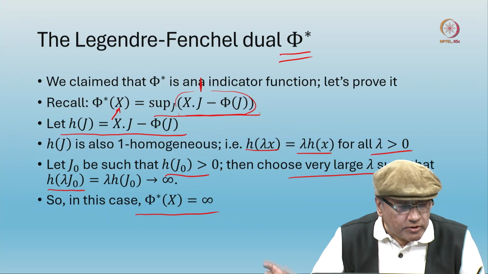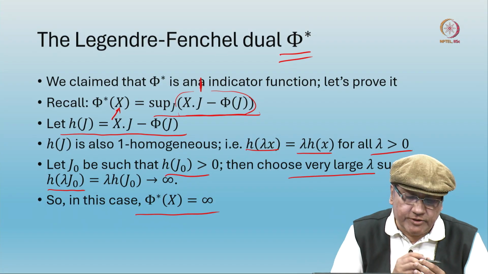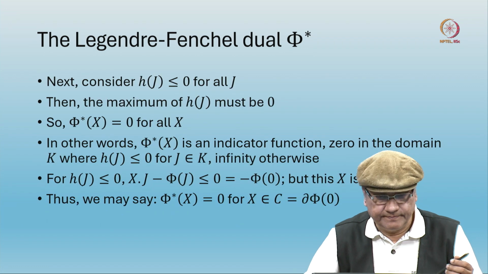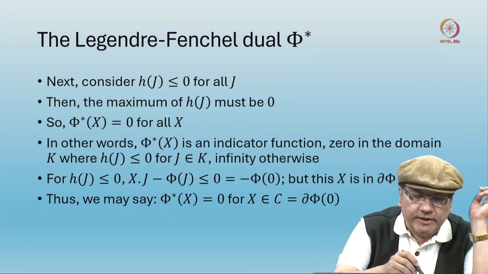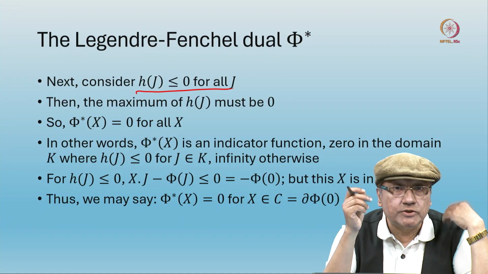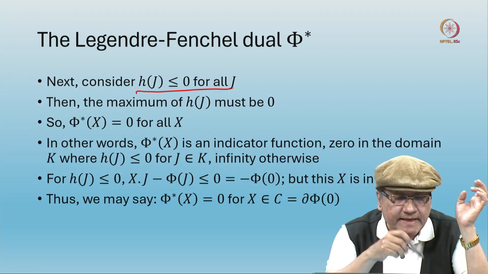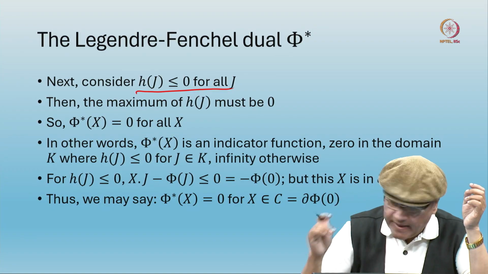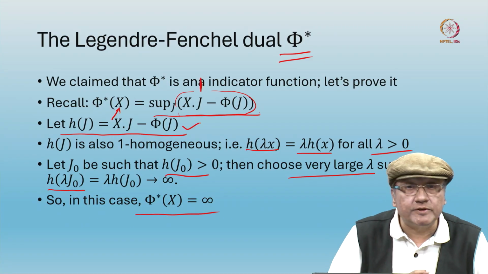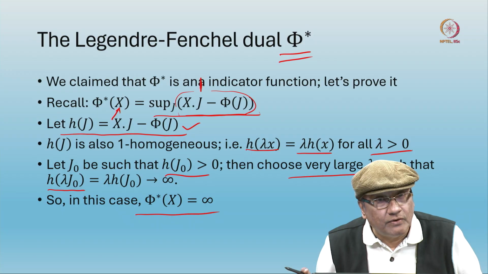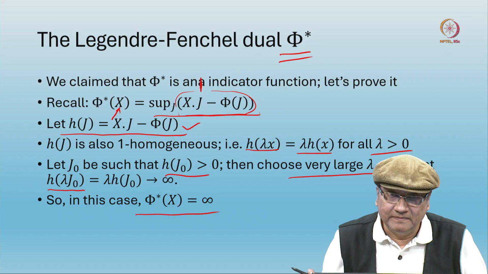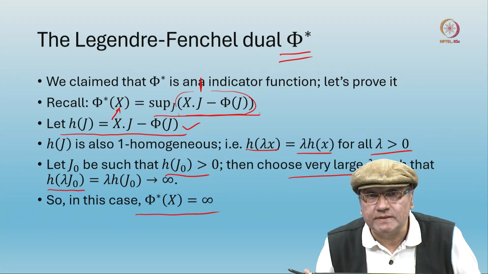On the other hand, let us also talk of the other possibility, in which h of j0 is less than or equal to 0. Then what happens? Let us consider h of j less than or equal to 0 for all j. Look at the expression for h of j, which is given here. We already know that phi of 0 is 0 by the property of the one homogeneous convex function.